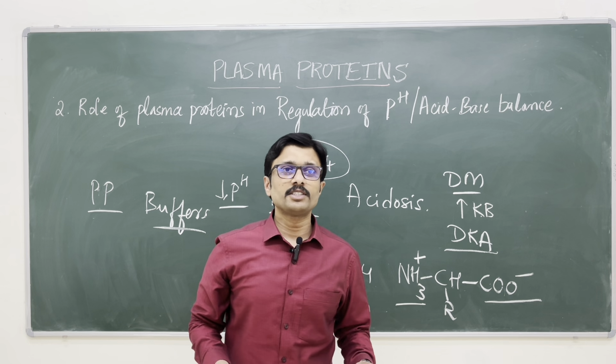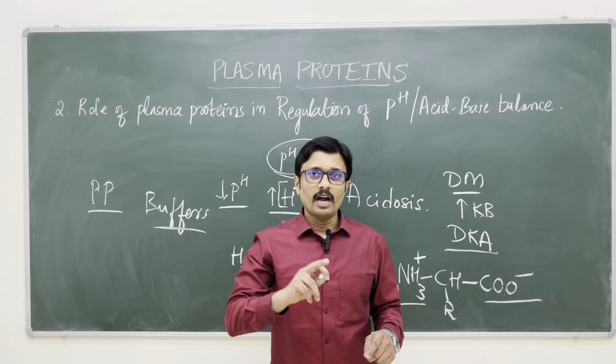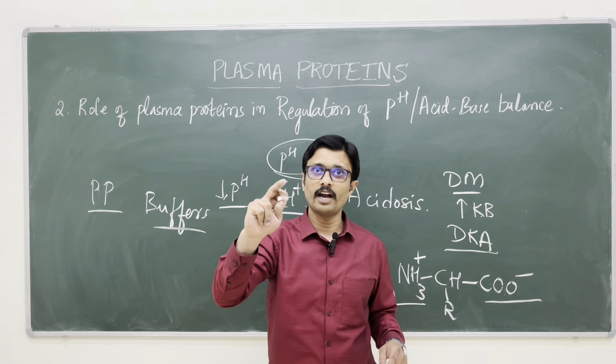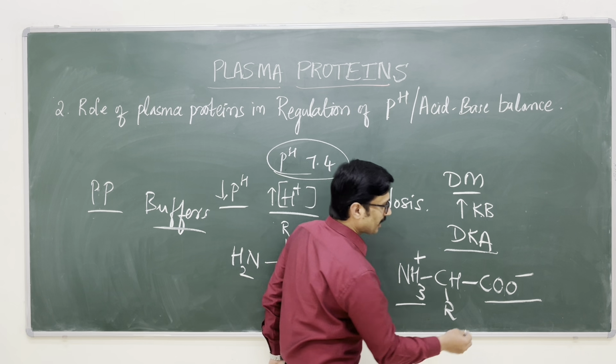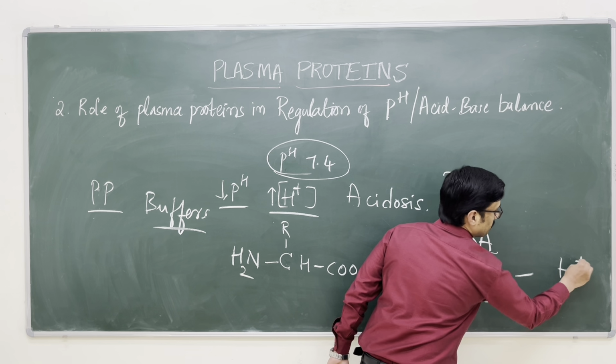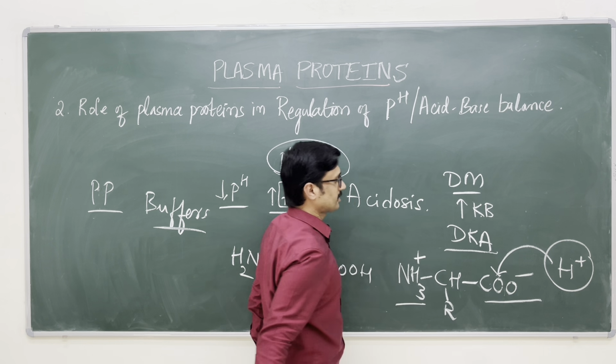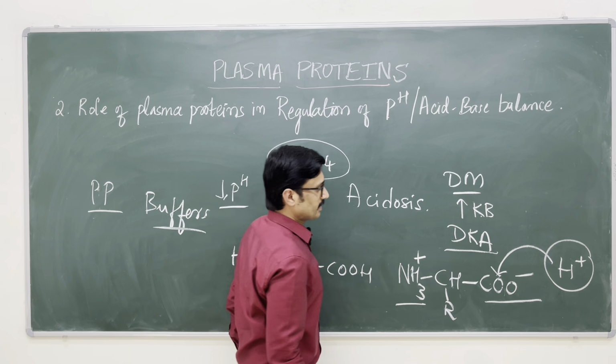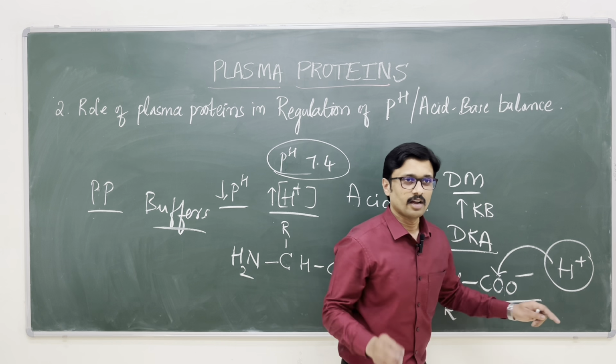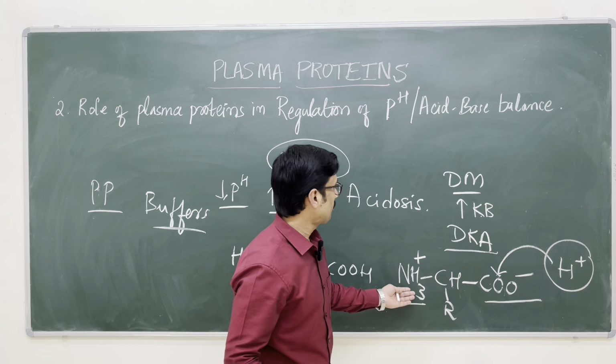So now what happens if there is an increase in the plasma hydrogen ion concentration? These hydrogen ions will be picked up by these proteins. This H plus will be picked up by the protein and binds to the COO minus group. So thereby the free hydrogen ions are reduced. So now what happens to the amino acid?